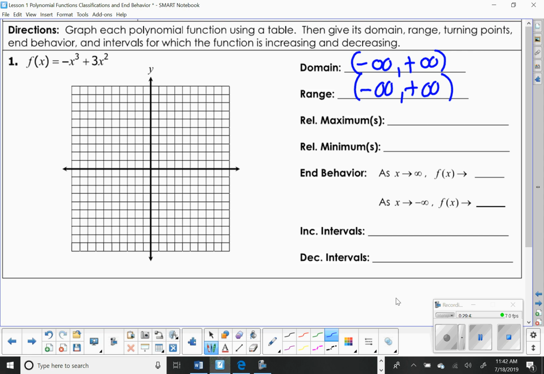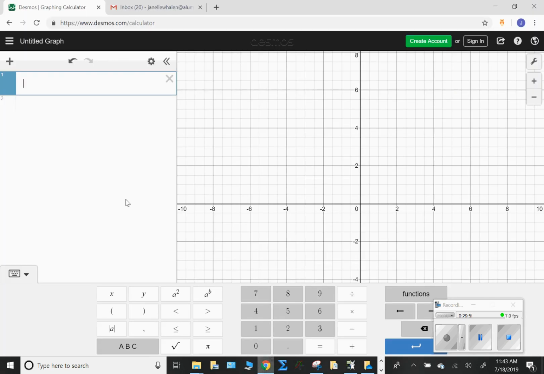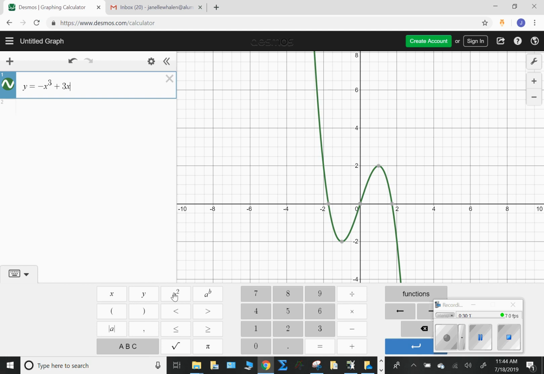I want to show you how to put this into Desmos. Let me pause the video and just go to get it up. Okay, so negative x cubed plus 3x squared. y equals negative x cubed plus 3x.